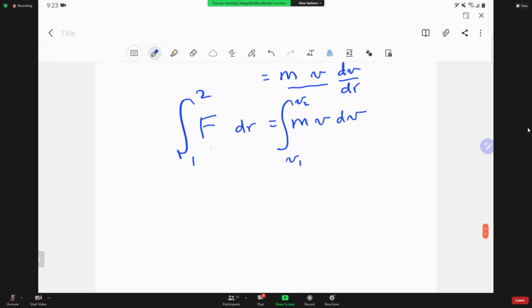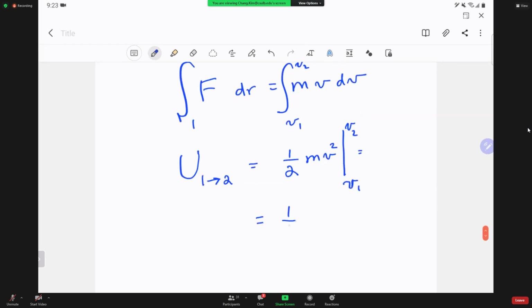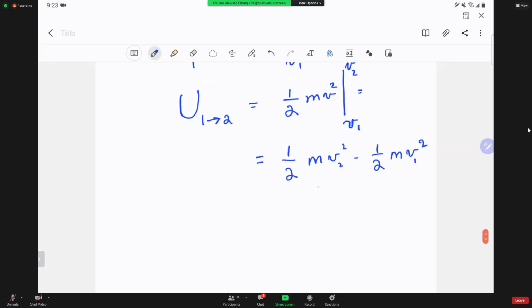This I'm going to call some kind of U going from 1 to 2, equal to 1/2 times m v squared evaluated at v1 and v2, and that gives me 1/2 m v2 squared minus 1/2 m v1 squared.